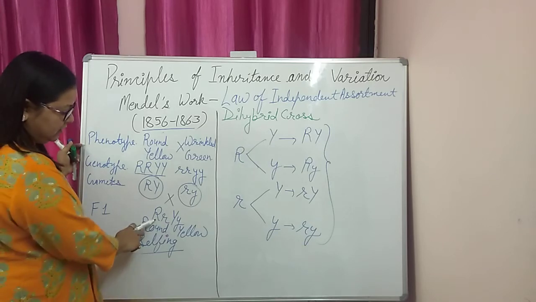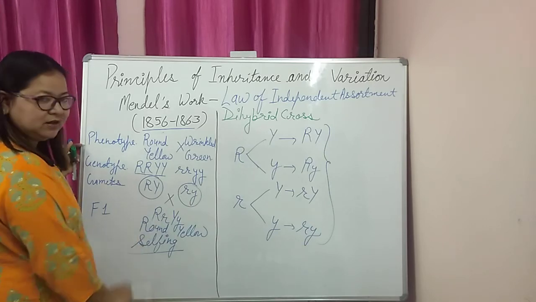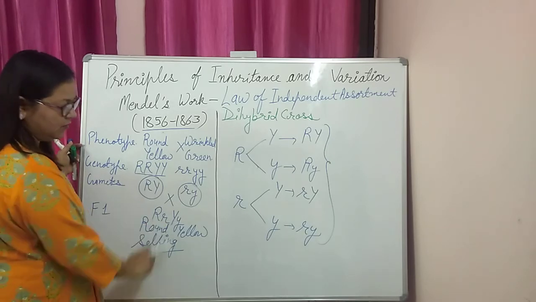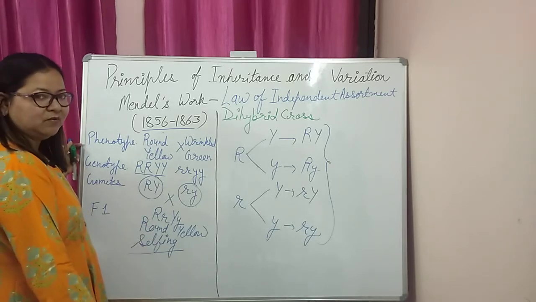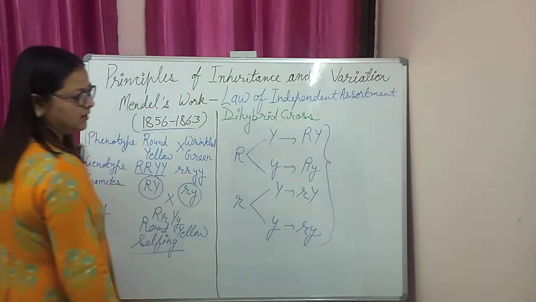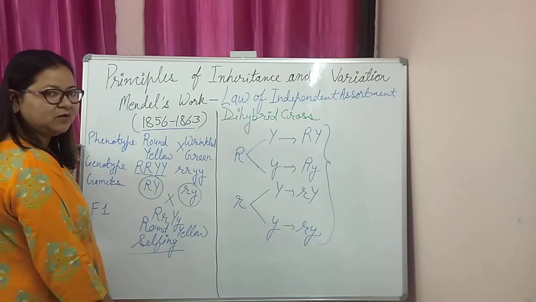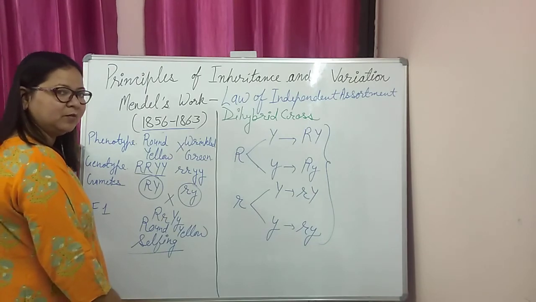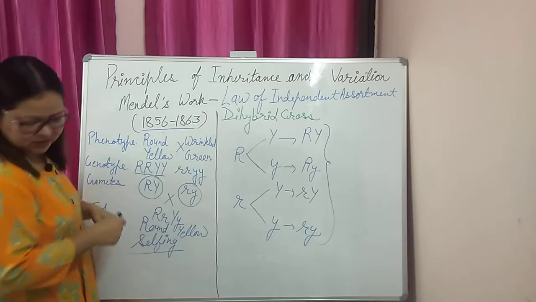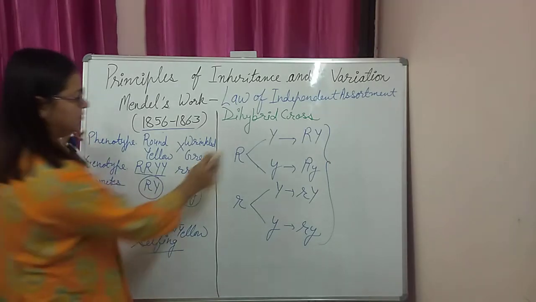So, these factors will segregate and form the gamete. Again capital Y, small y will segregate and form the gamete. So, this is the method, called the fork method, where we can find out the different probabilities of formation of gametes. So, these will be the four types of gamete.